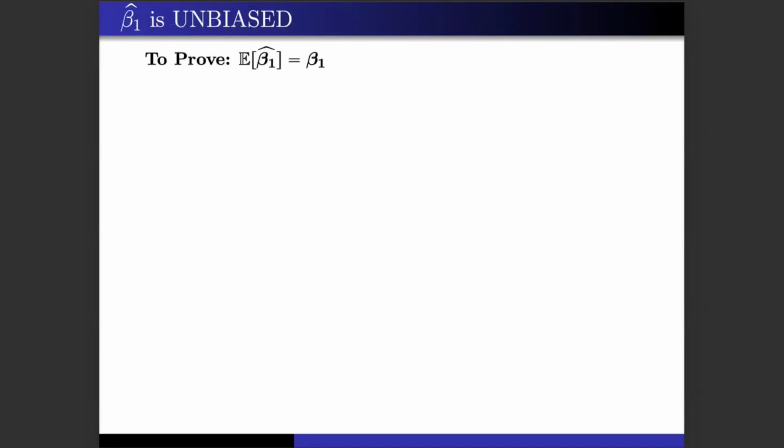So let's start by proving that beta 1 hat is unbiased. We need to prove that expectation of beta 1 hat is equals to beta 1. So let's consider expectation of beta 1 hat. We have proved in the first property that beta 1 hat is a linear combination of yi, and therefore we can write beta 1 hat is equals to summation i going from 1 to n ki yi, and we have expectation of beta 1 hat is equals to expectation of summation i going from 1 to n ki yi.